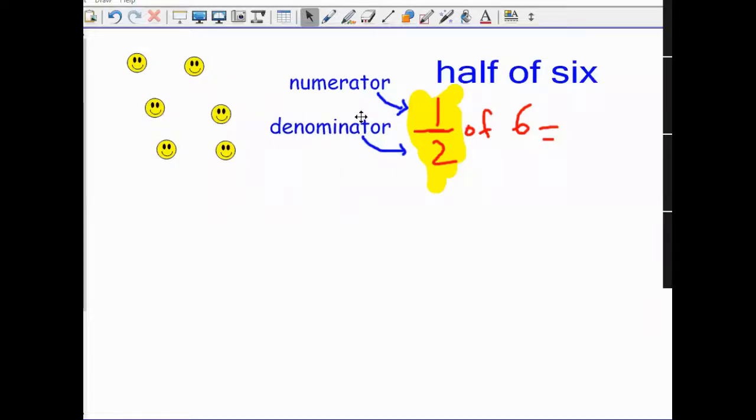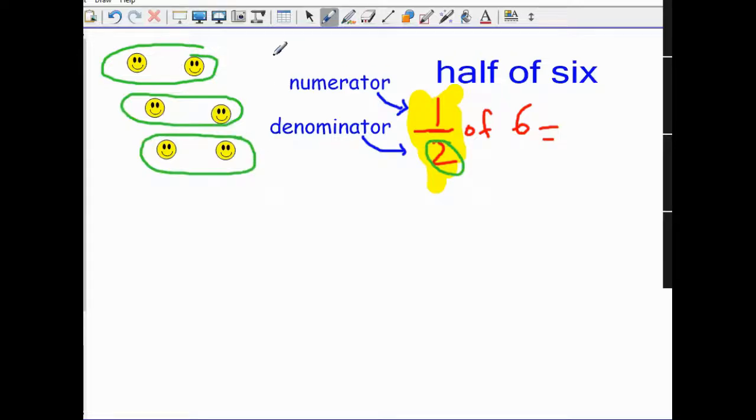Okay, I want to find the half of 6. I look at the denominator. It is what? 2. So I make groups of 2. Second, I look at the numerator.